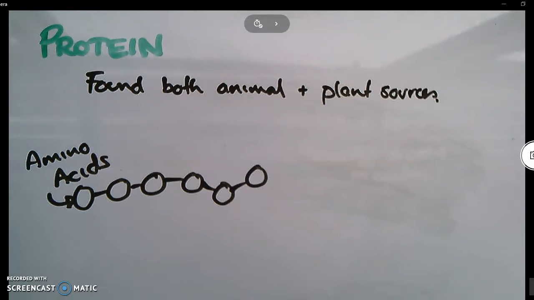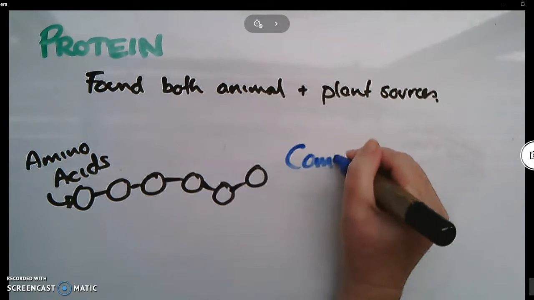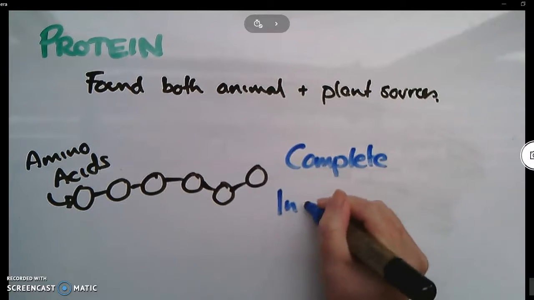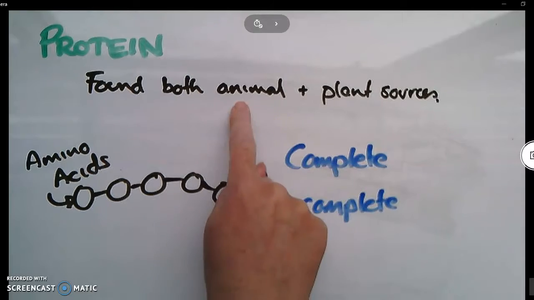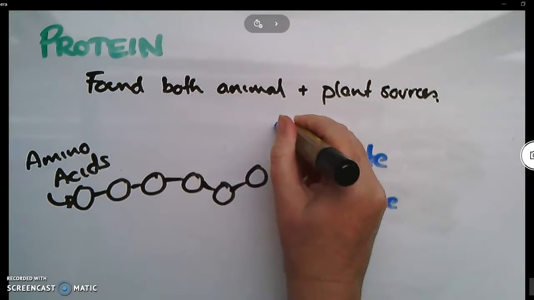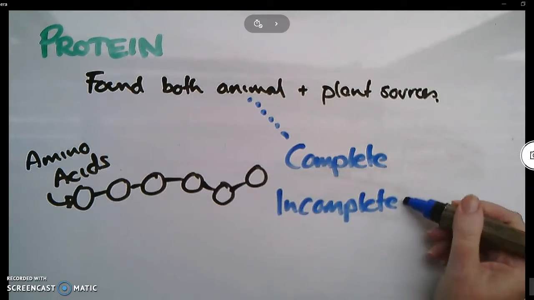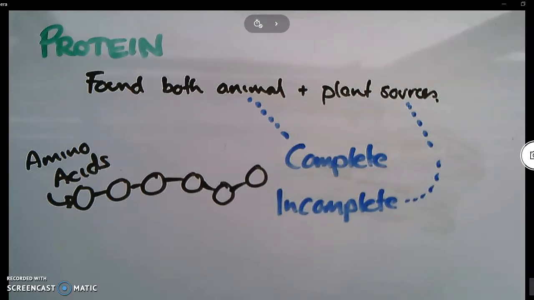So we've spoken before about complete proteins and incomplete proteins. Now, complete proteins are found from animal sources, okay? And incomplete proteins come from plant sources. What makes them complete and incomplete depends on what amino acids are in the protein strand. As humans, we have certain amino acids that we make ourselves, and then we also have amino acids that we need that we don't make.